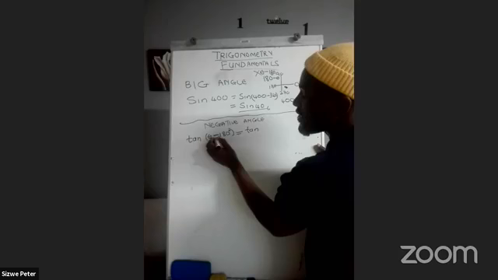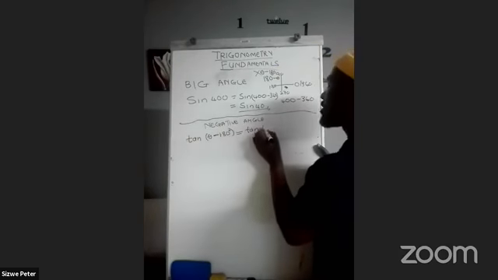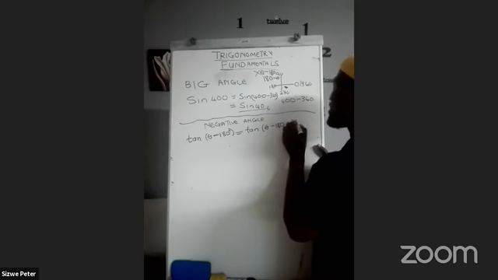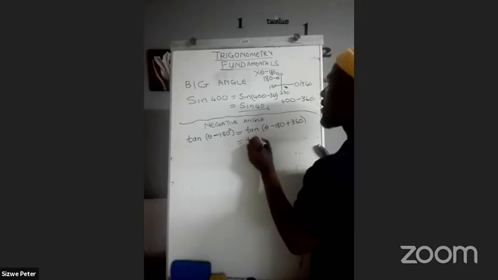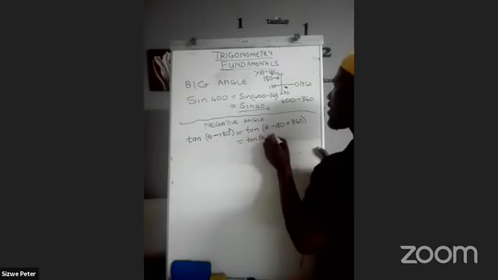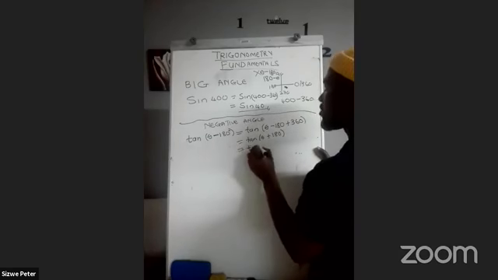So this 180 is negative. So this is a negative angle. So you need to add 360 because it's a negative angle. So this is tan of theta minus 180 plus 360. That is 180.